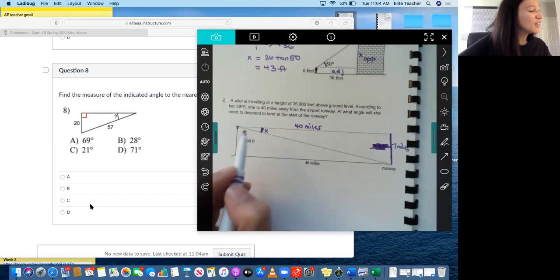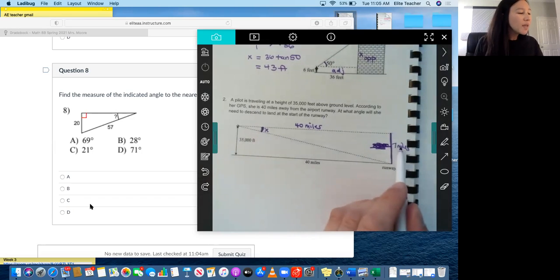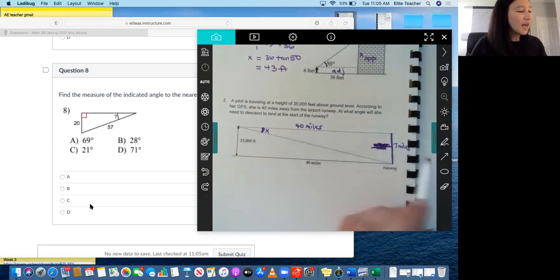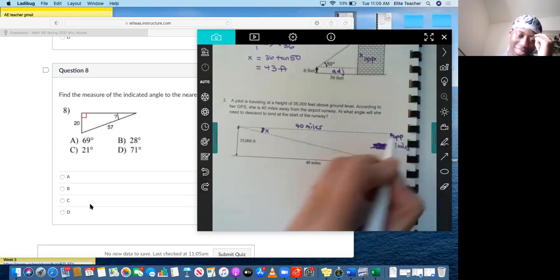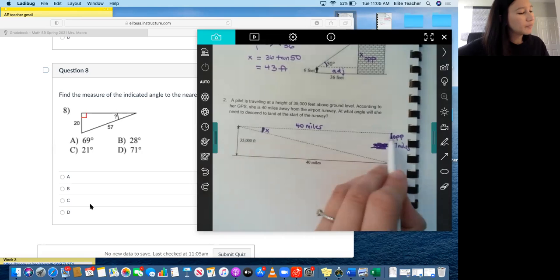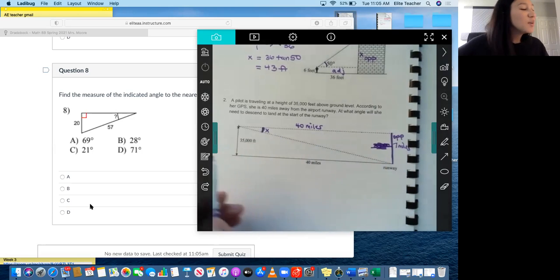Here's our angle. Just think about it: is that side opposite from the angle, or adjacent, which means right next to it? It's the opposite, right? And then the 40 would be either the adjacent or the hypotenuse.